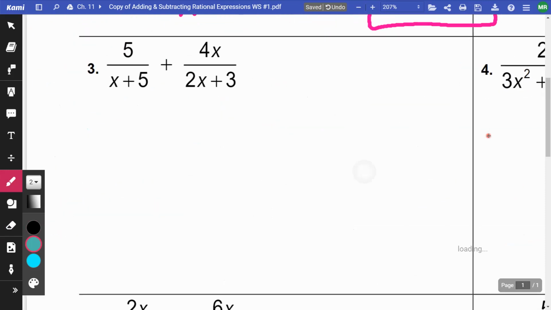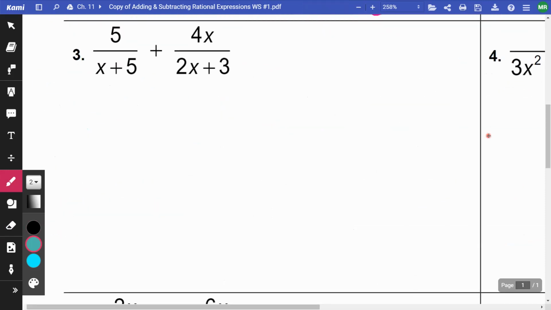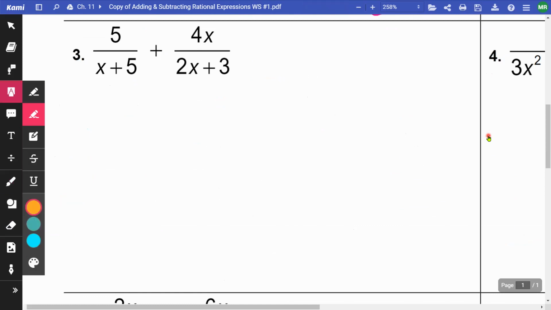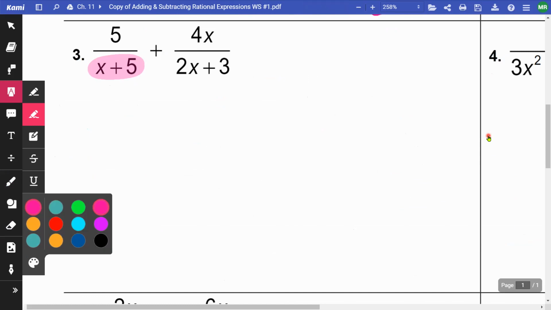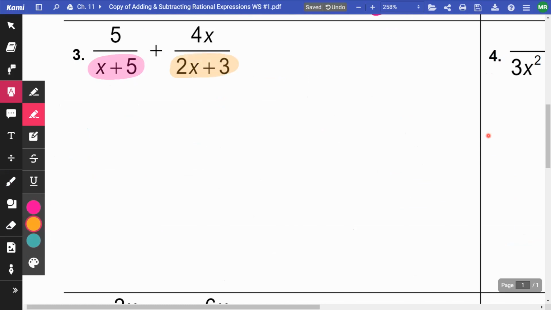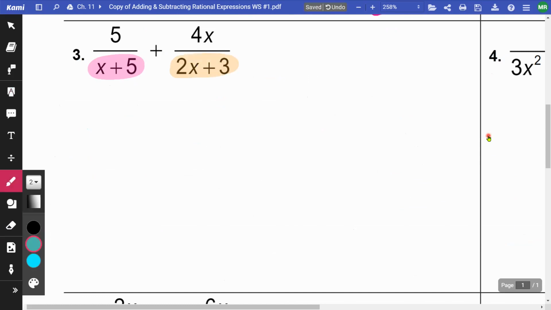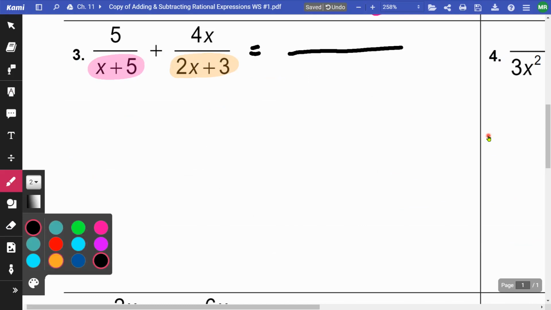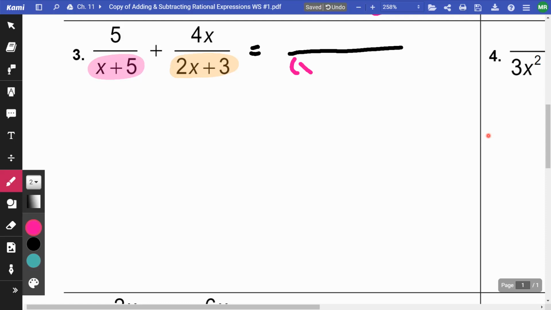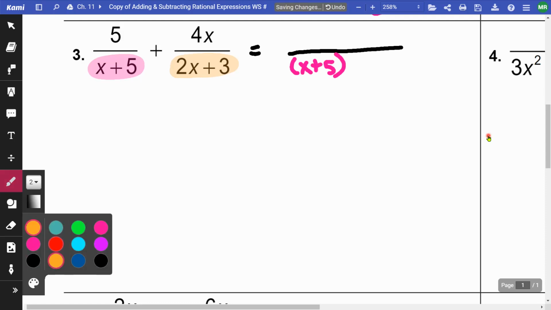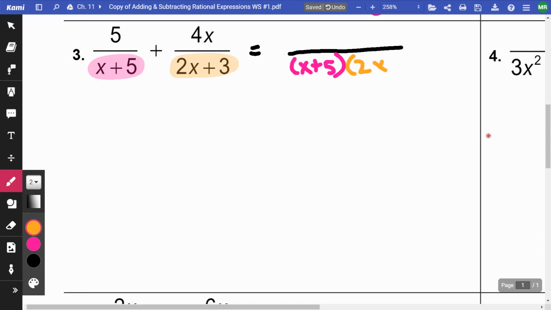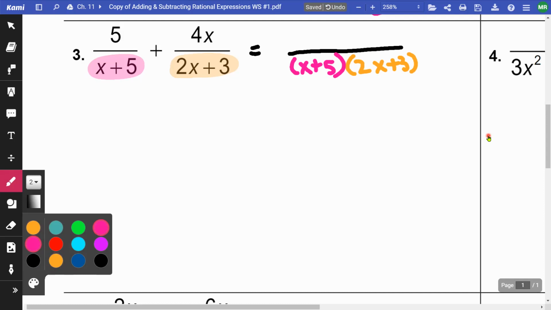On number 3, again, I want a common denominator, so I am going to need an x plus 5 from here and 2x plus 3 here. So my common denominator is going to be x plus 5, because I need that from my first fraction, and 2x plus 3, because I need that from my second fraction.